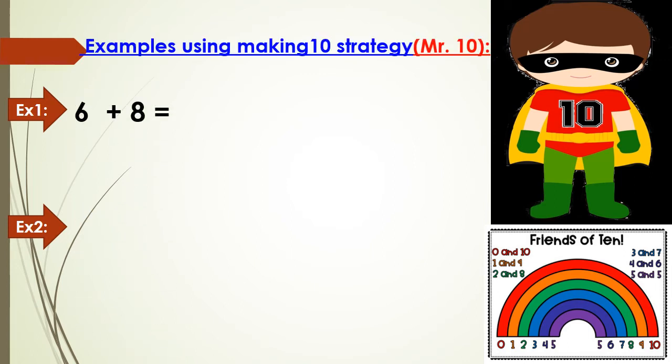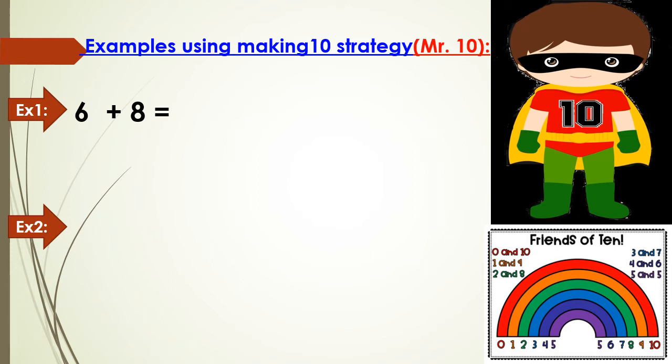The first example, 6 plus 8. First, look at 6. Now 6 is very weak. 6 needs to be strong like our superhero Mr. 10. So 6 needs what to be 10? Yeah, it needs 4 because 6 plus 4 equals 10.